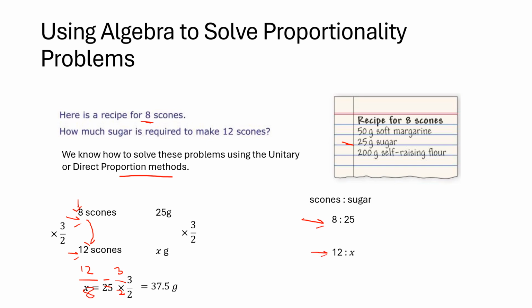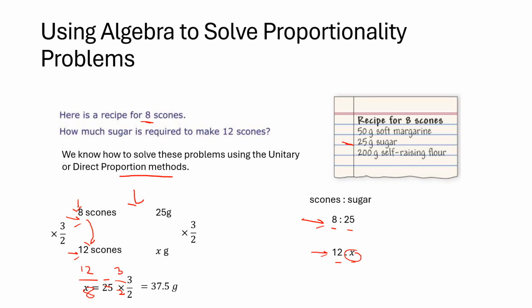Can you see how this matches up with what we have over here? So this is number of scones to sugar, and this is number of scones to sugar. Again, here we don't know this amount, so this is just x.